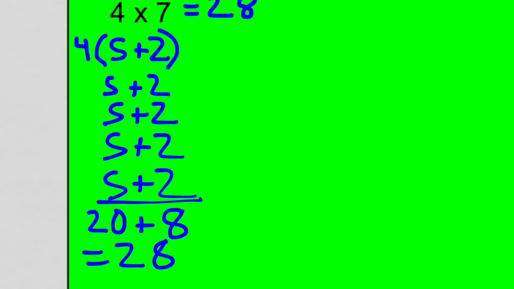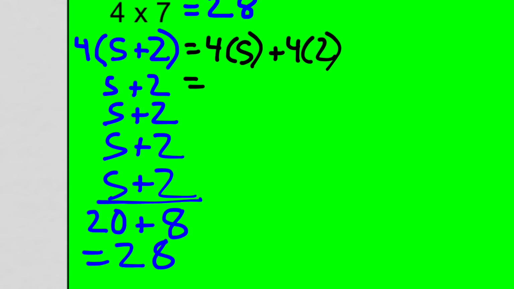So the distributive property says I can multiply a number times the sum of its parts, or the difference of its parts. Now, a short way of doing this is to just multiply the 4 times the 5 and the 4 times the positive 2. So I could also say, you know what, this is the same as 4 times 5 plus 4 times 2.